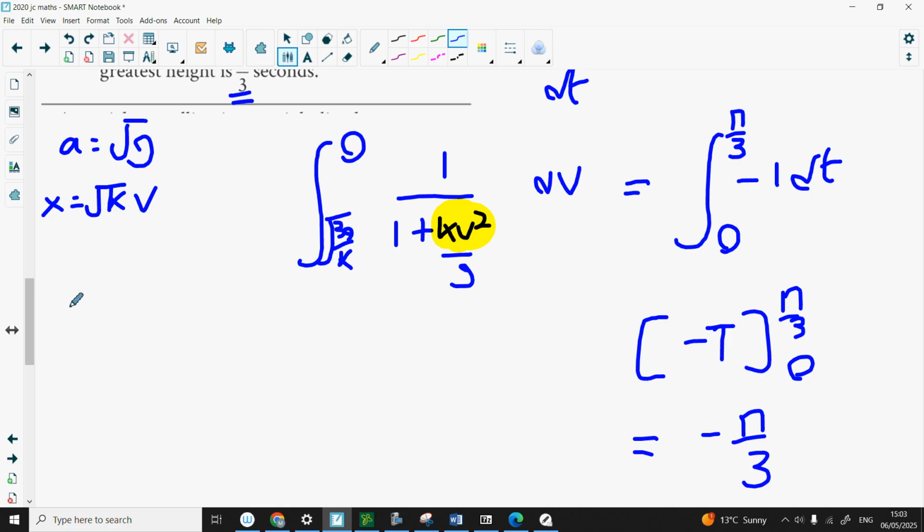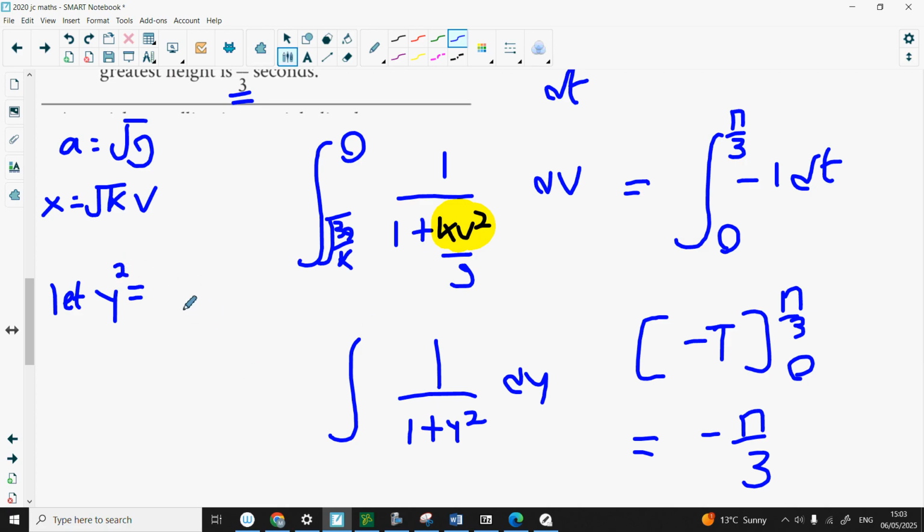And then what we can use is a substitution. I'll use a substitution that y. So I'm looking to set up the 1 plus y squared, the y here. So I want to integrate that rather than integrating this.